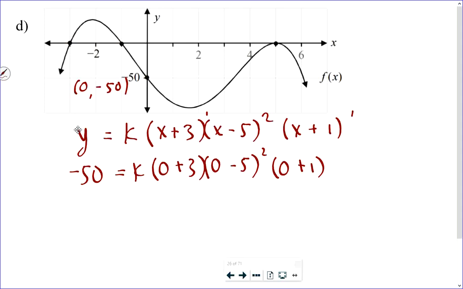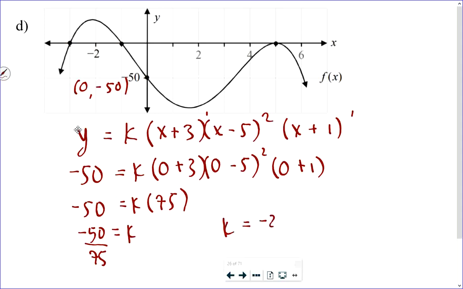The negative 5 squared is 25. Thank you. Times 3 is 75. Times the 1 is still 75. So we end up with negative 50 equals k times 75. We divide both sides by 75 and get negative 50 over 75, which is negative 2/3 in reduced form.